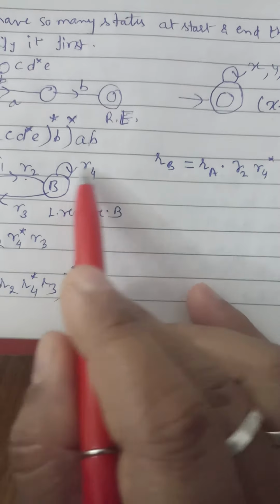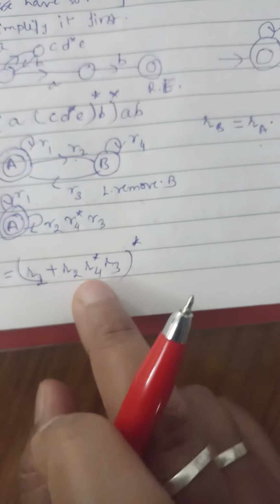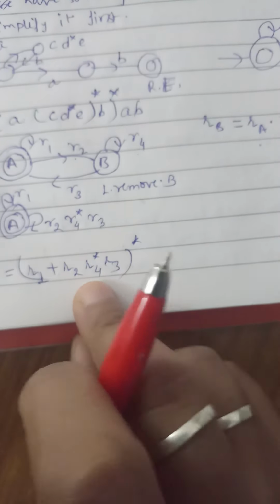So instead of RA, what will we write here? Whatever value we have for RA from here, we will write here. What value do we have? We have R1 plus R2 R4 star R3 whole star. And what is left?